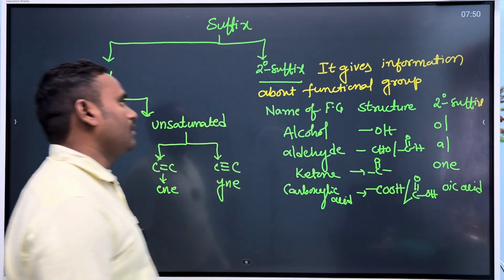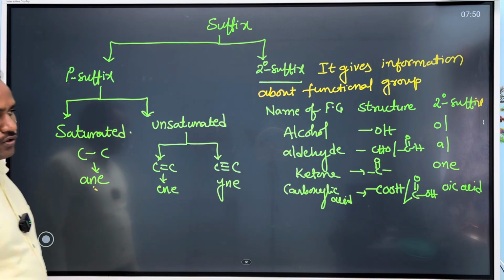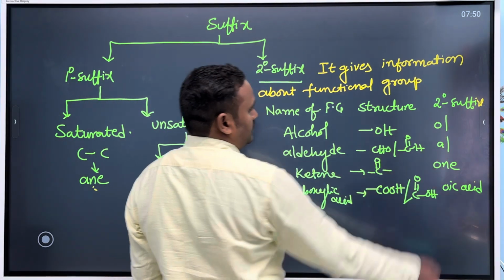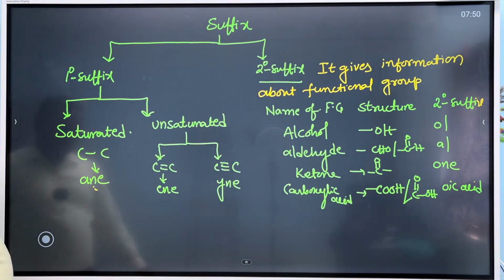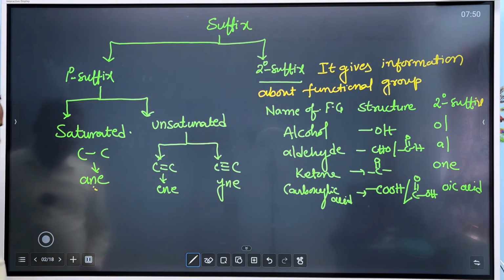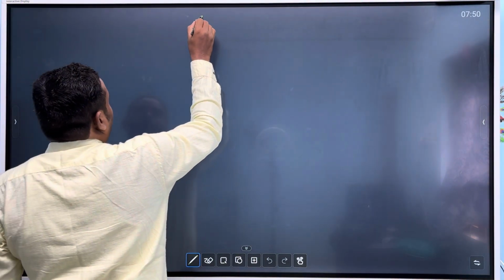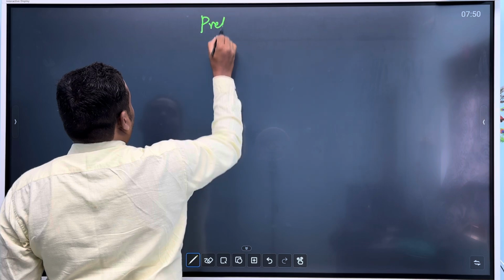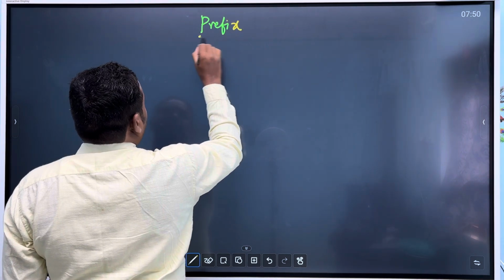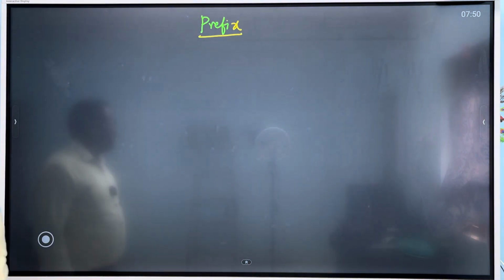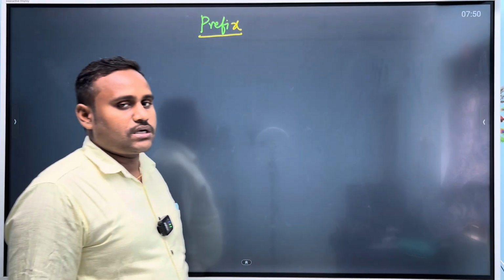Likewise, we have different types of functional groups and different types of secondary suffixes. Okay, next, the part of the IUPAC name is what? Prefix. So here, what is a prefix? The name which we write before the root word is called a prefix.